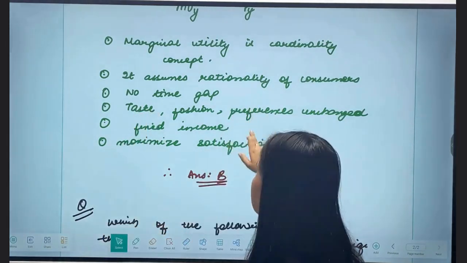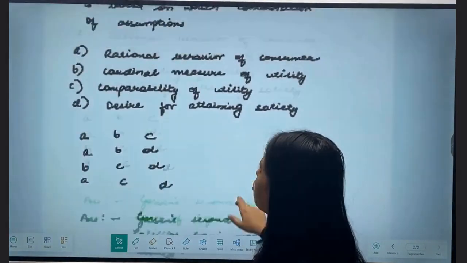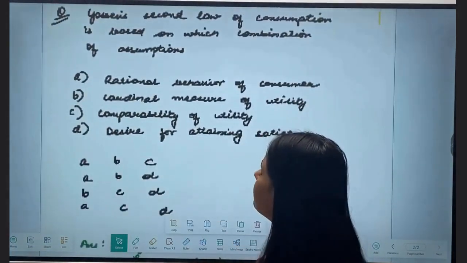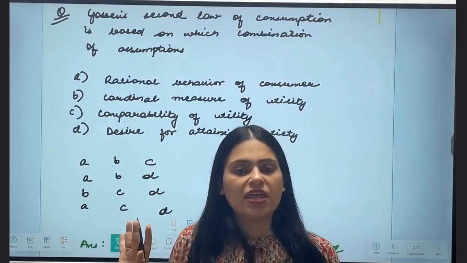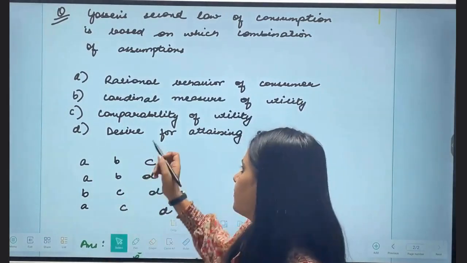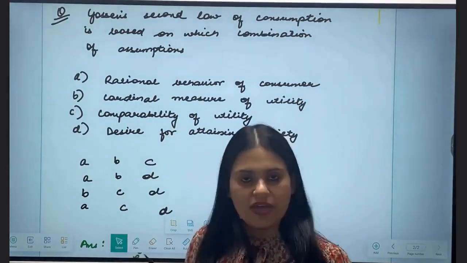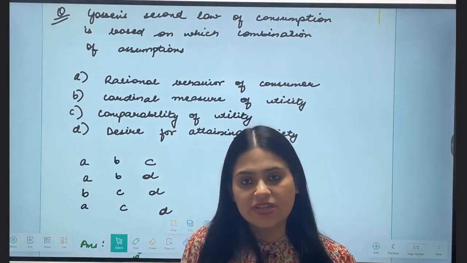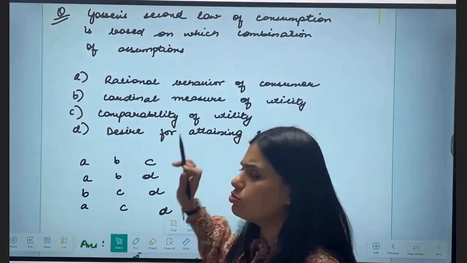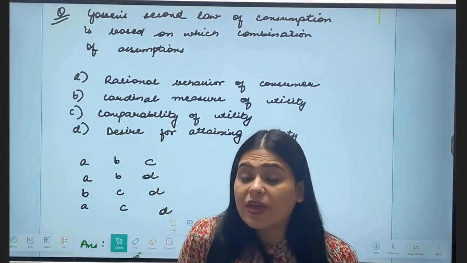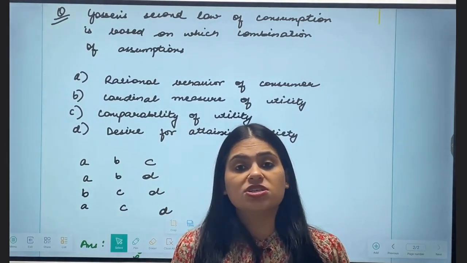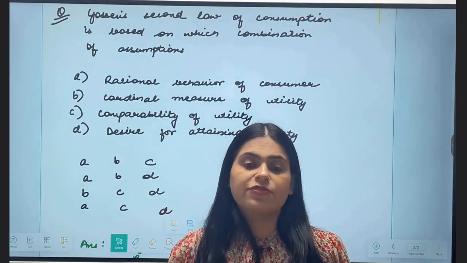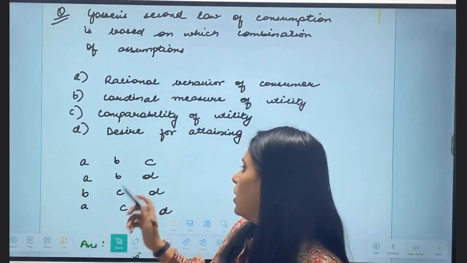So beta, if I now come back to the question, we have to understand rational behavior of consumer, absolutely right, consumer is rational. Cardinal measure of utility, absolutely right, utility is measured in numbers. Comparability of utility: now I am not comparing utilities, I am finding where my utilities are equal from different products, right?